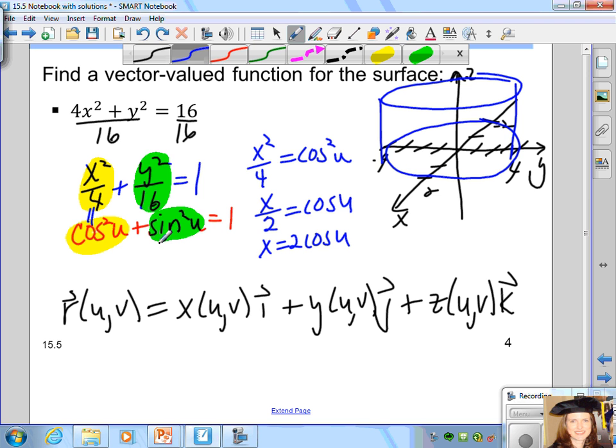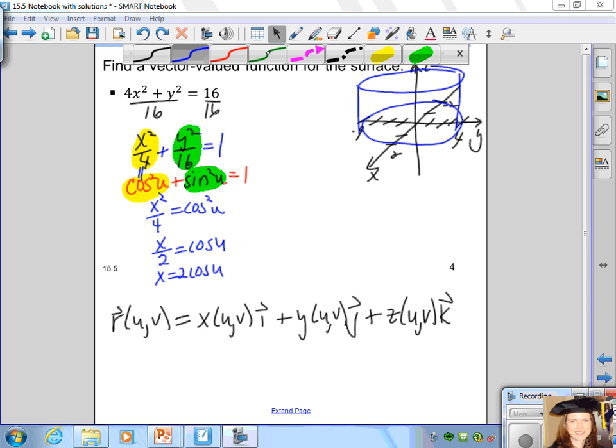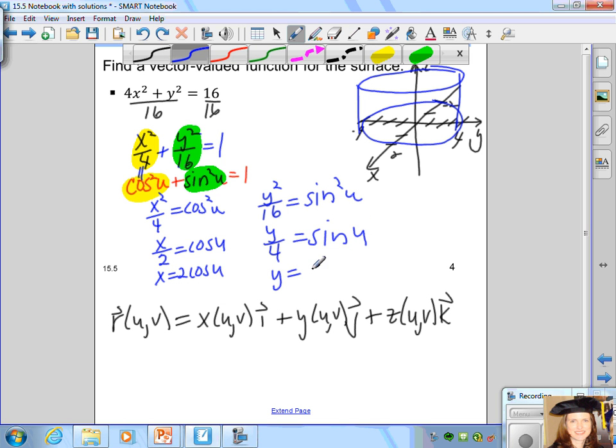Set y squared over 16 equal to sine squared u. If you take the square root of both sides, you get y over 4 equals sine u, and multiply by 4 to get y equals 4 sine u.